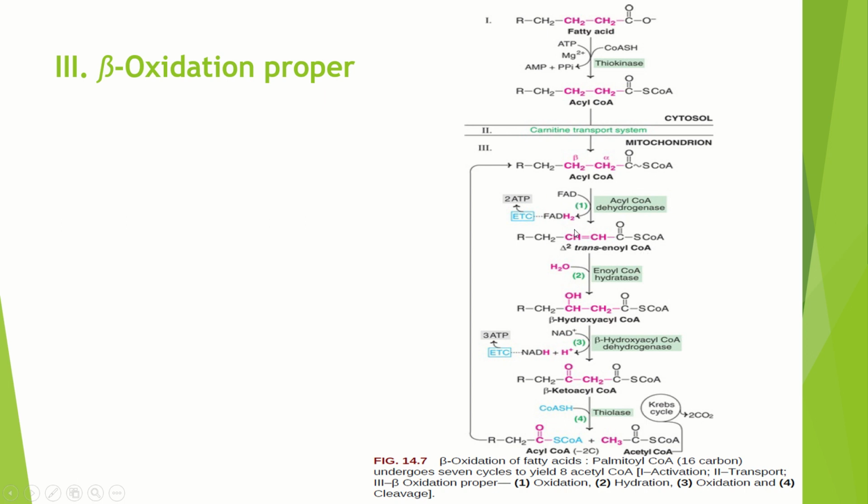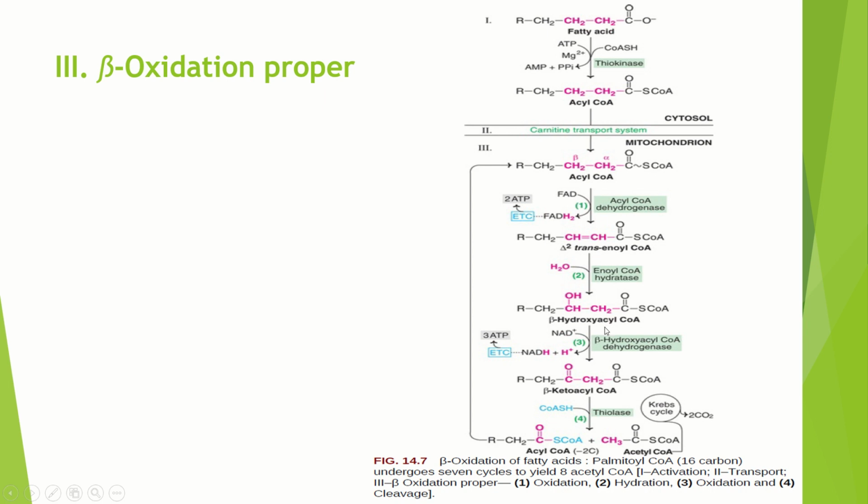Here FADH2 is formed, which then enters the electron transport chain and forms ATPs. With the formation of trans-enoyl CoA, a double bond is formed between the alpha and beta carbons, and this is the first reaction of beta oxidation proper.